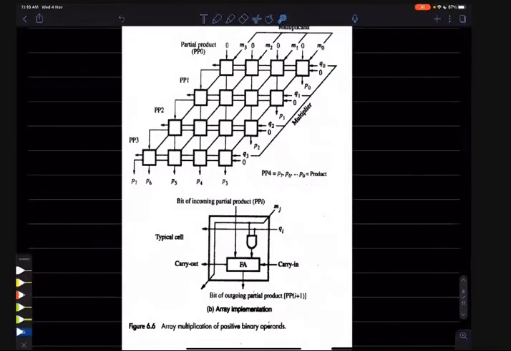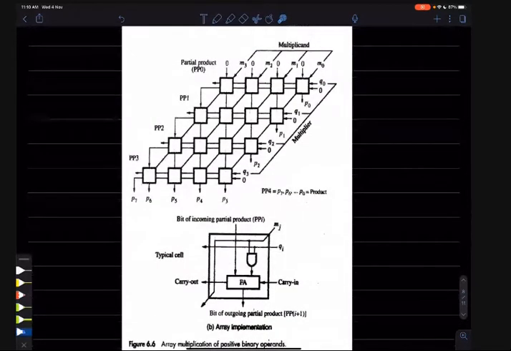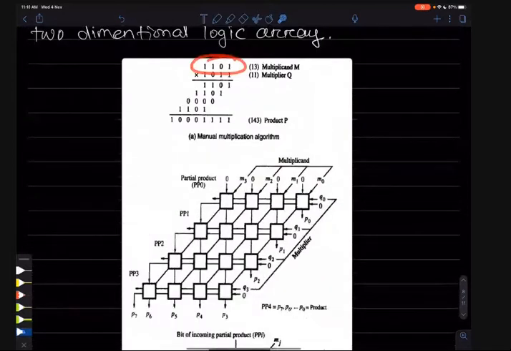The multiplicand has to be multiplied with all the bits, so we have to transfer these bits to the next stage also. The 1101 bits have to be transferred to the second stage also.